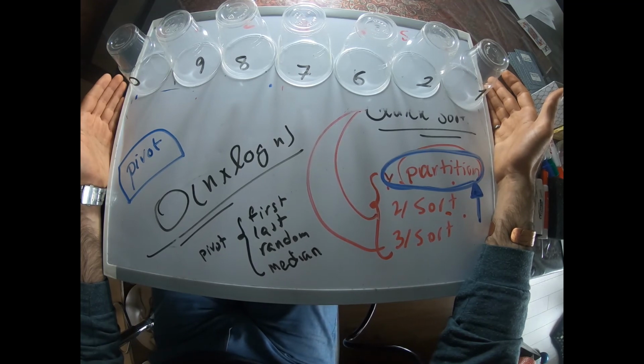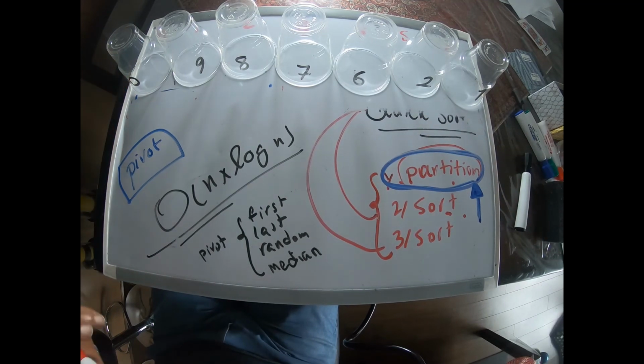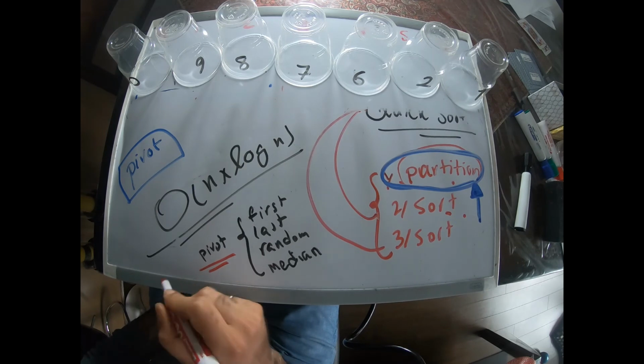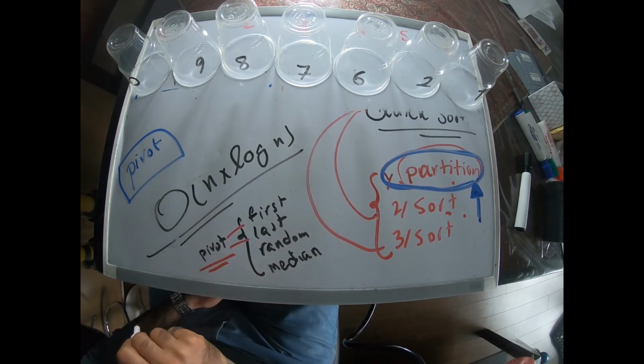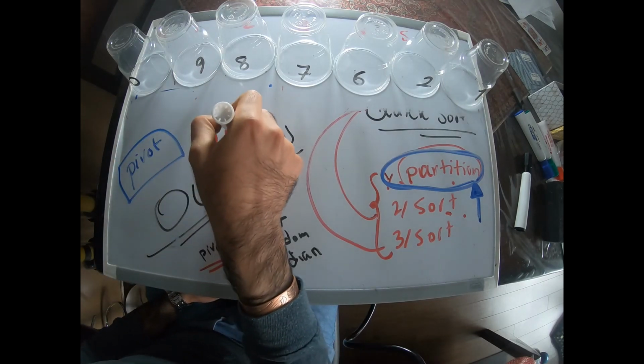So this is basically what's going to happen. In this case, the choice of pivot is going to be very important. If you choose first or last, basically your big O notation becomes n squared.